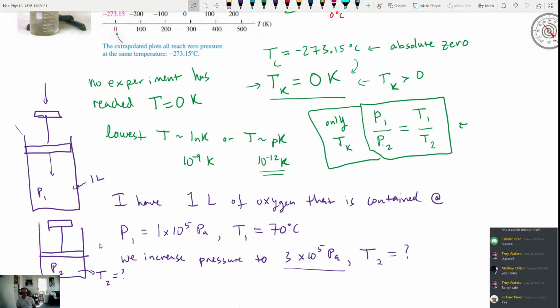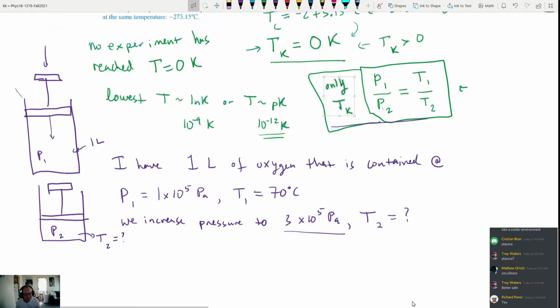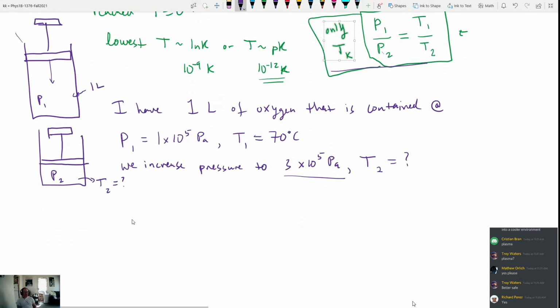All right. And supposedly we could just use an equation like that. But we have to put things in Kelvin. You will have to do this in all your homeworks. If they give you a temperature that's in Celsius or in Fahrenheit, you have to convert, okay? But according to our equation up here, T2 is equal to T1 times P2 over P1, right?